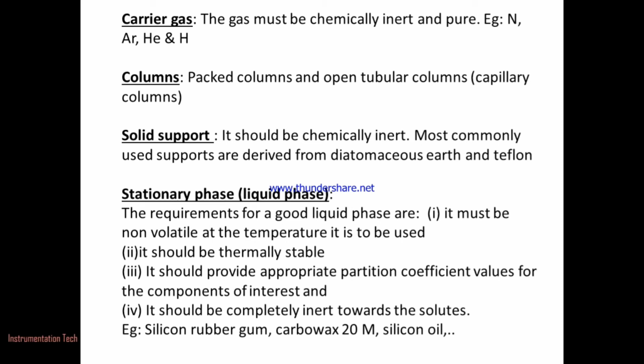Third, it should provide appropriate partition coefficient values for the components of interest. And fourth, it should be completely inert towards the solutes. Some examples of stationary phase are silicone rubber gum, Carbowax 20M, silicone oil, etc.